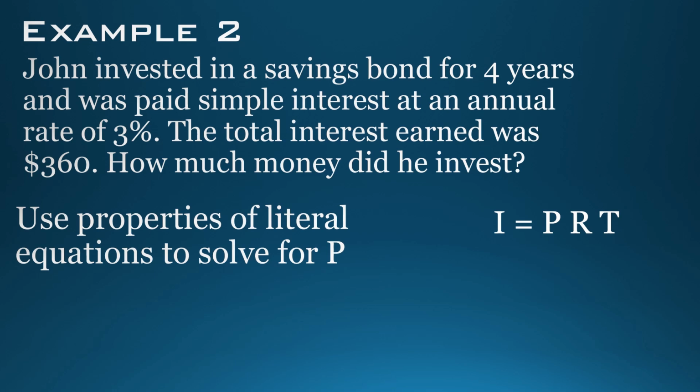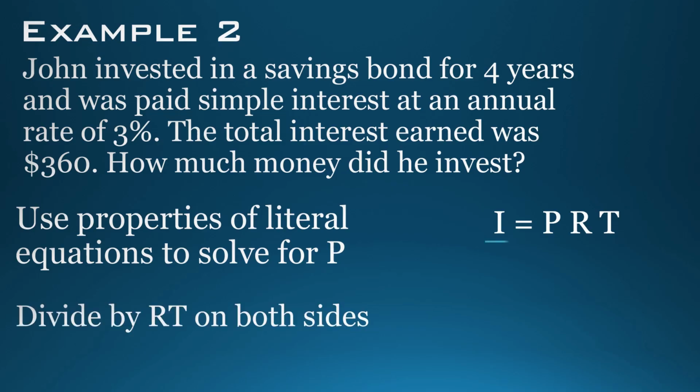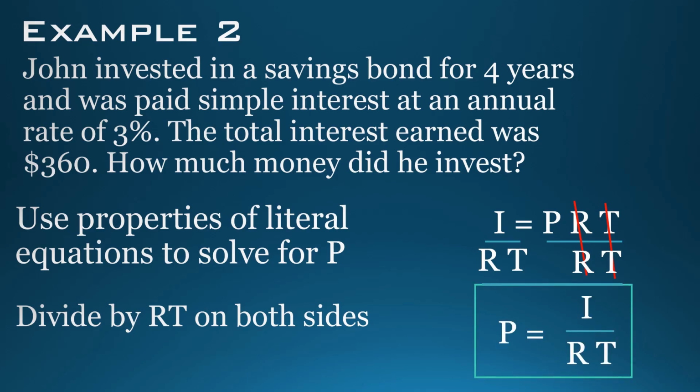So, we have to use the properties that we learned from literal equations in the last lesson to solve for P, principal. So, we have to divide by RT on both sides, because we already know R and T, and that will leave us with P equals I divided by RT, so we can find the principal by putting the interest that was earned divided by the rate times the time.